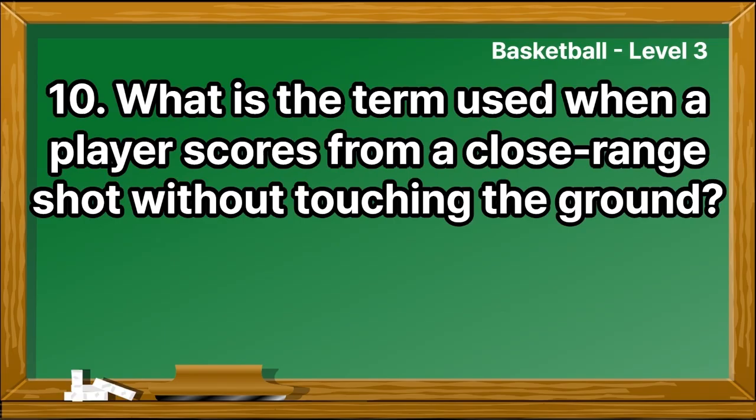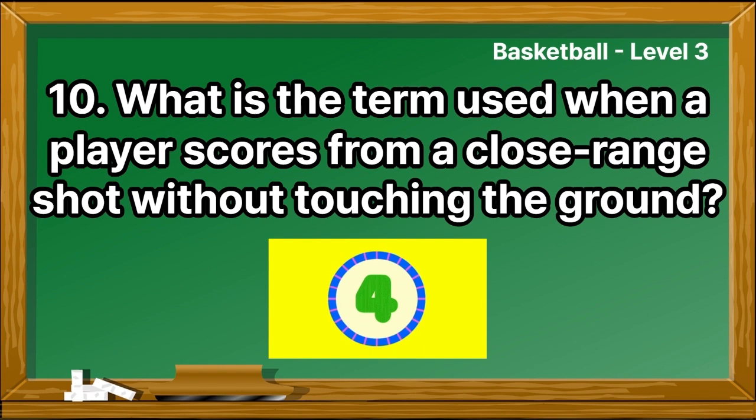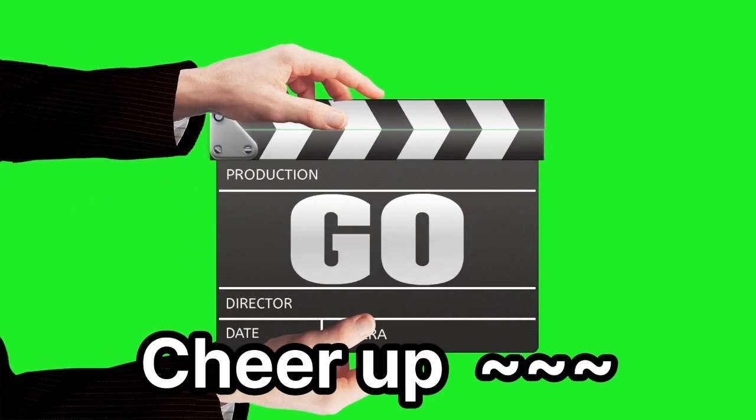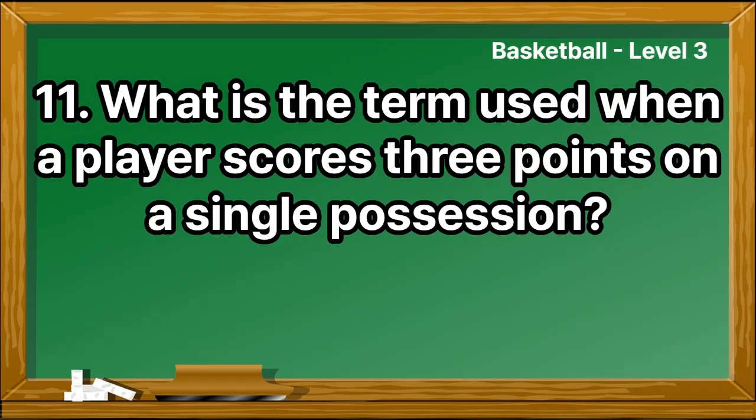What is the term used when a player scores from a close-range shot without touching the ground? Layup. Cheer up. What is the term used when a player scores 3 points on a single possession?